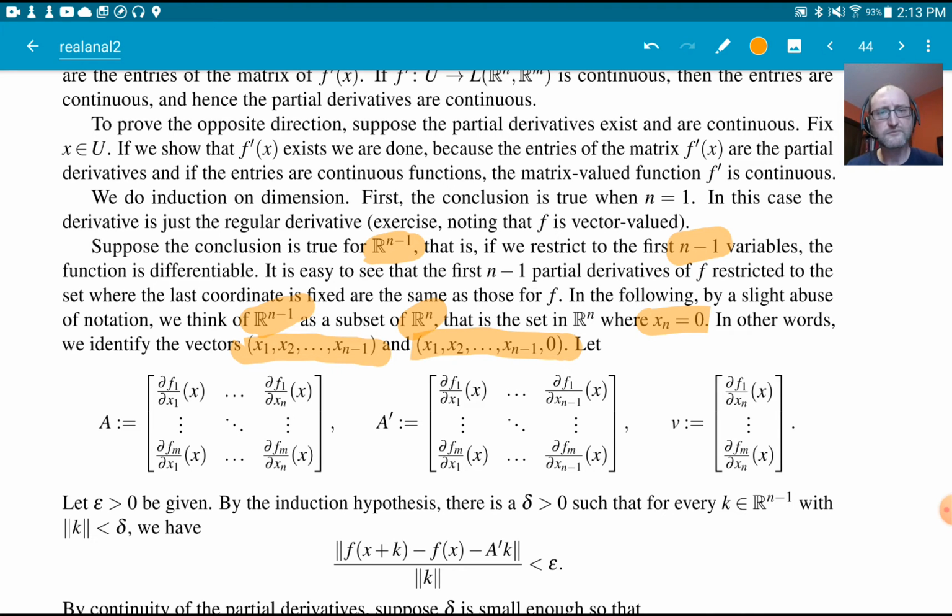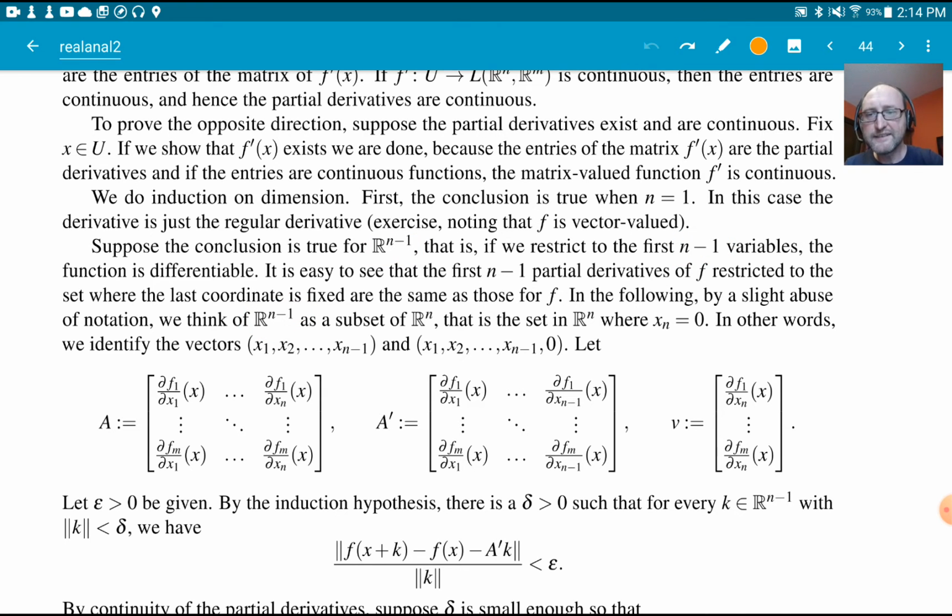Normally those are two different things, but for the purposes of this proof, we're going to identify them. You could think about how to do it without this; we just need to come up with some notation. But if we think of a vector in R^(n-1), we think of it as lying in R^n, and it's useful in this case to do it.